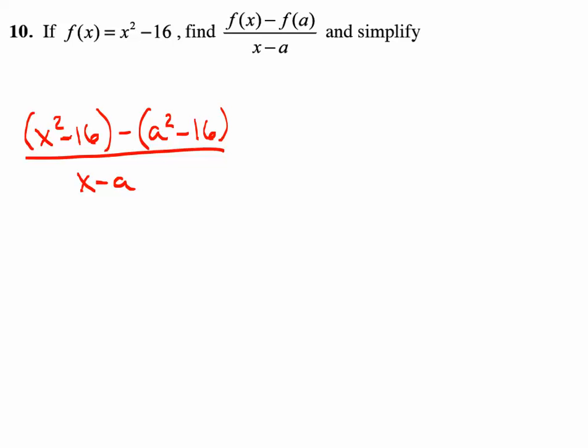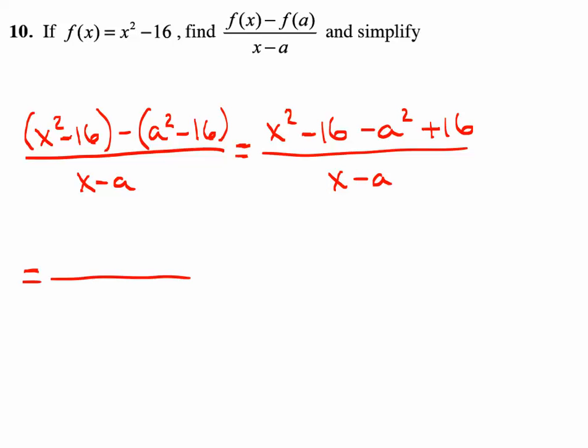So x squared minus 16 should have been in the first parenthesis, a squared minus 16 in the second parenthesis, and the way you calculate is going to be the same, right? You drop the parentheses, you distribute the negative, the constant term is going to fall off, do some factoring.